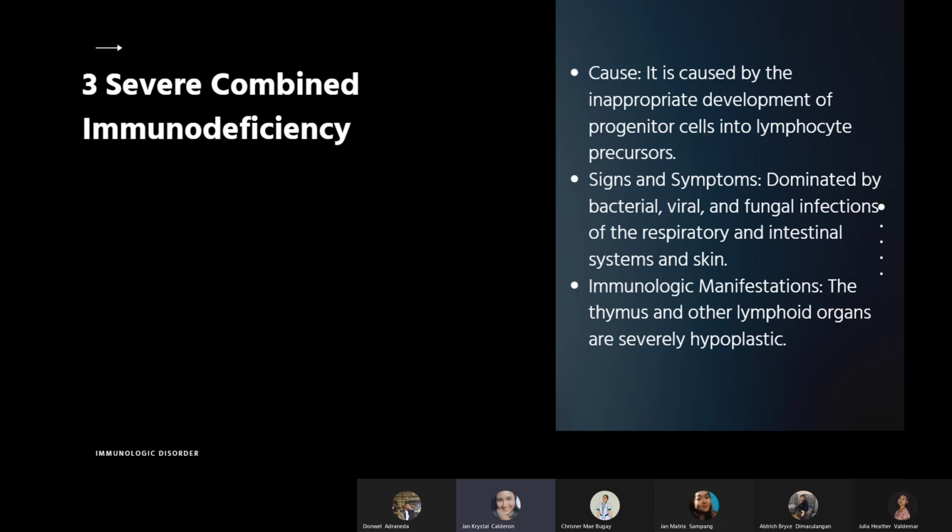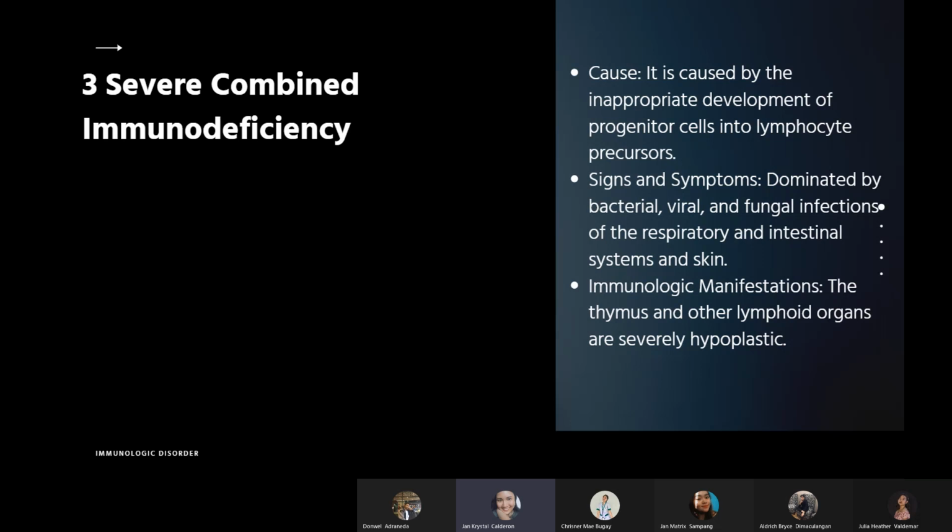Severe combined immunodeficiency. Its cause is the inappropriate development of progenitor cells into lymphocyte precursors. Its signs and symptoms: severe combined immunodeficiency first manifests itself as a series of crippling infections that begin during the first 6 months of life.